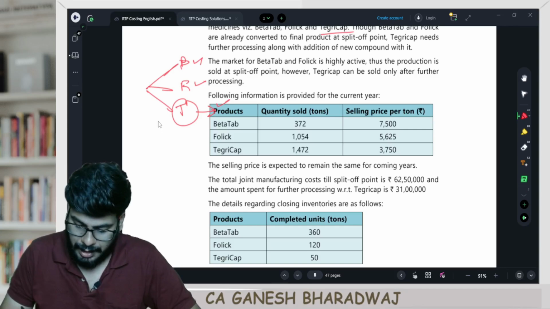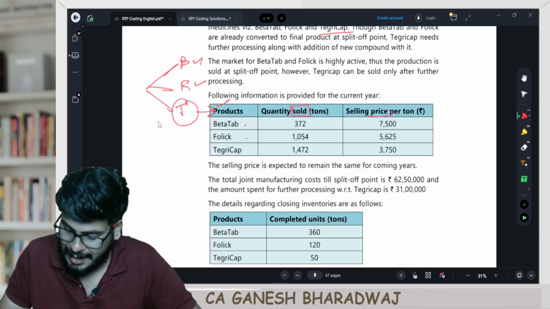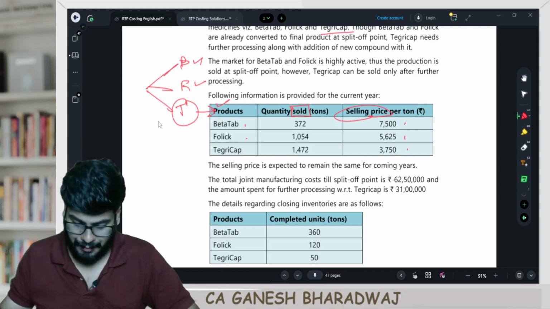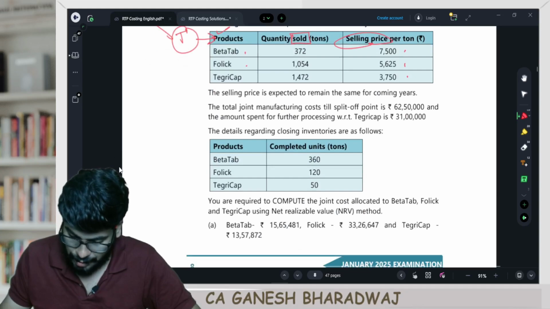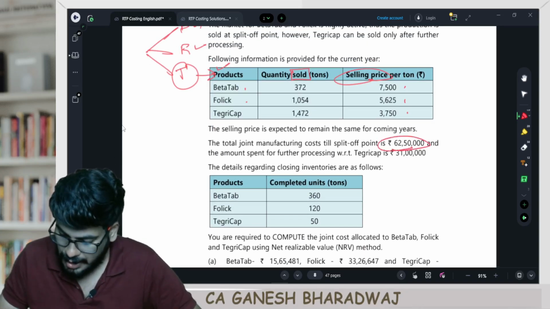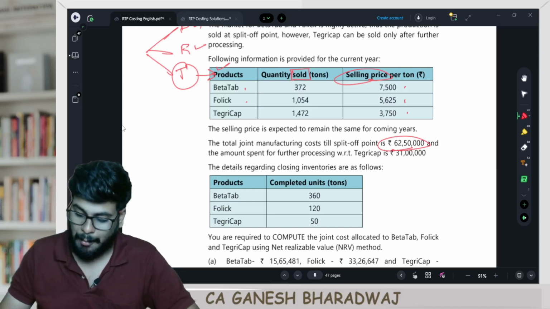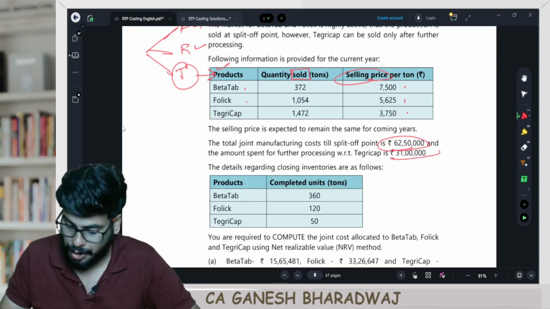So what they have given is, for each of the 3 products, quantity sold is given and the selling price per ton is also given. Perfect. The selling price is expected to remain the same in the coming years. The total joint manufacturing cost till the split off point is going to be 62,50,000, and the amount spent for further processing with respect to Tegricap is going to be 31 lakhs.